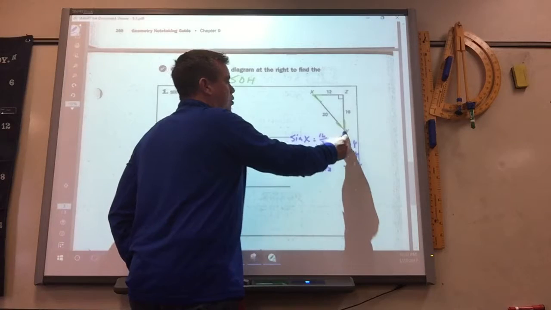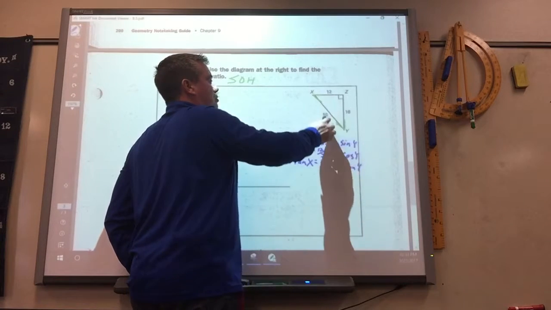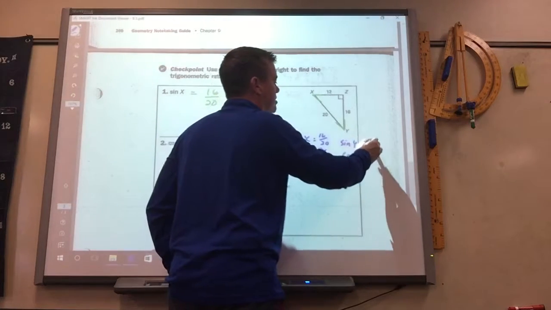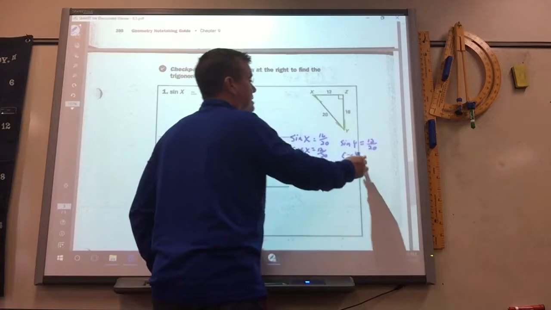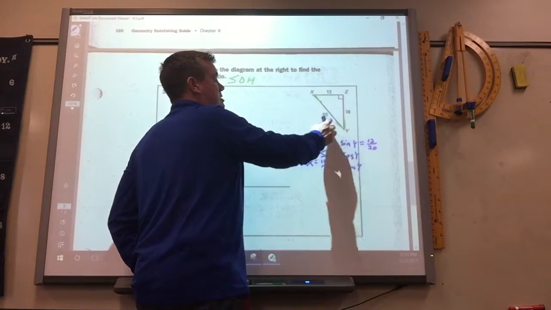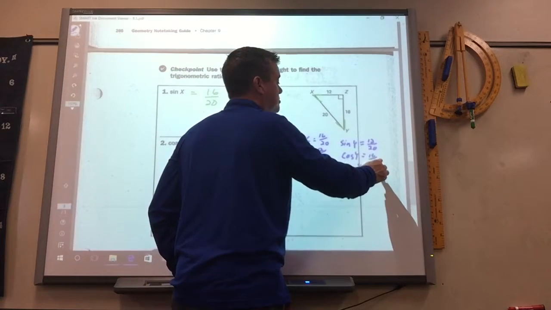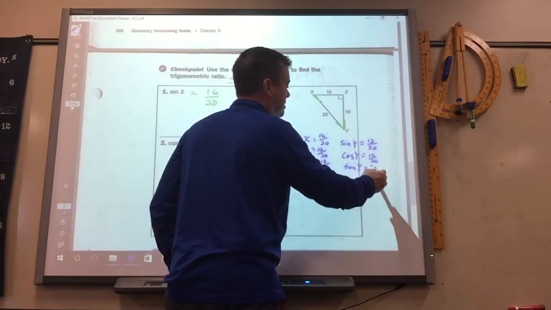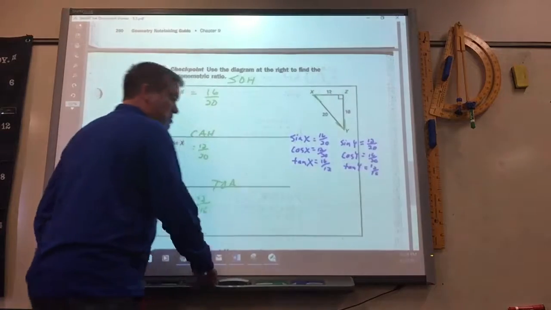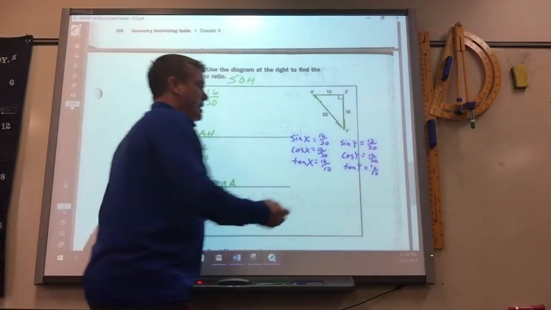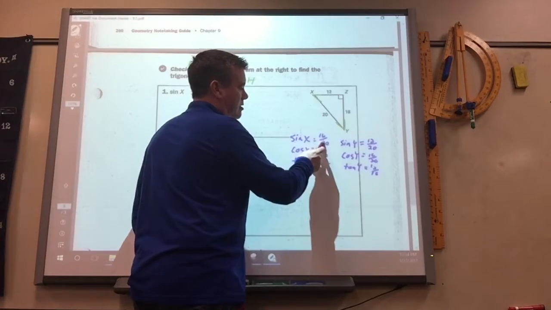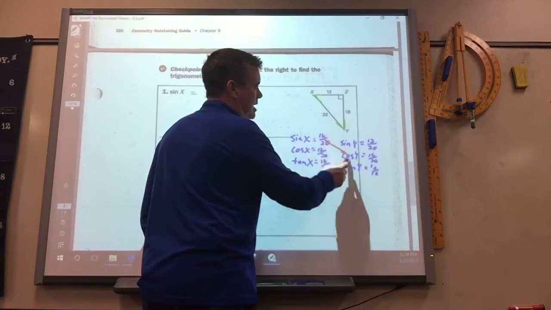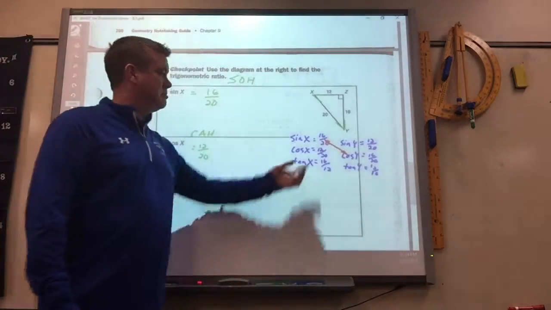When we do the sine of y, it's opposite over hypotenuse, it's 12/20. Cosine of y is 16/20. Tangent of y is 12/16. So if you look at these, and this is true in every right triangle, the sine of one angle is going to be exactly the same thing as the cosine of the other angle.